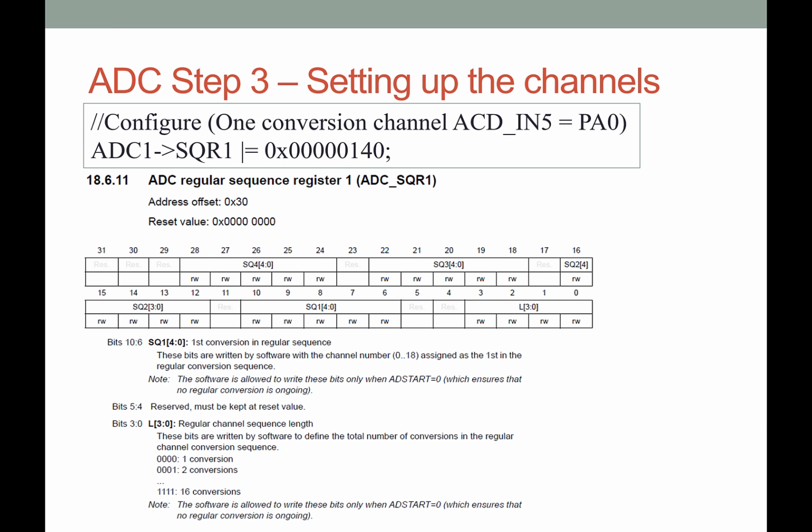Okay, so we see that we want in the sequence register this value, but why? Where is that coming from? Well, we know that it's exclusive OR, as I said. So we have this, and I'm just going to focus on these three hexadecimal digits.